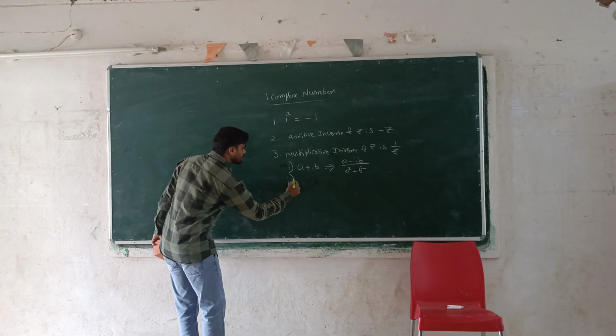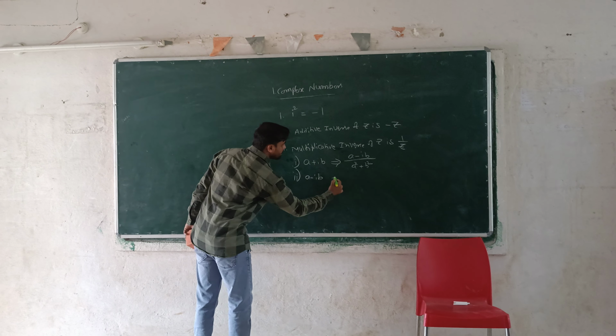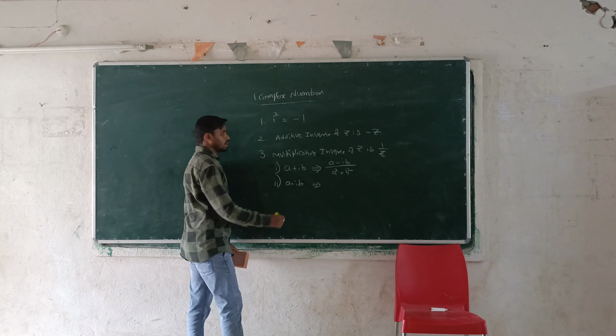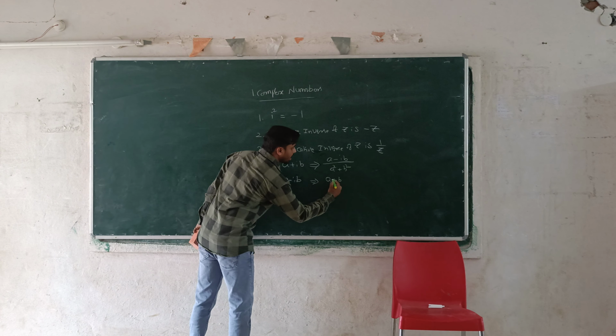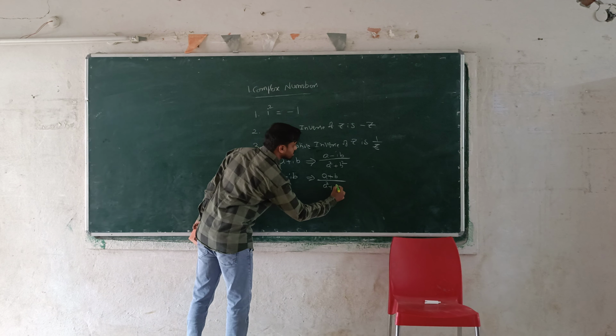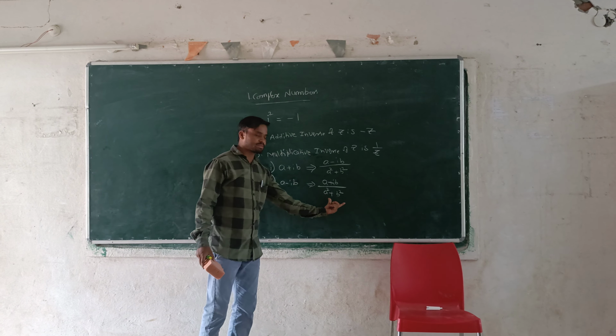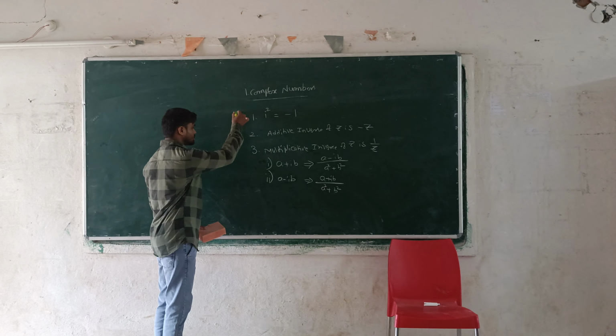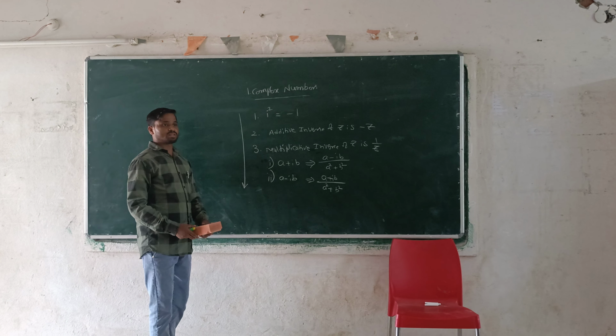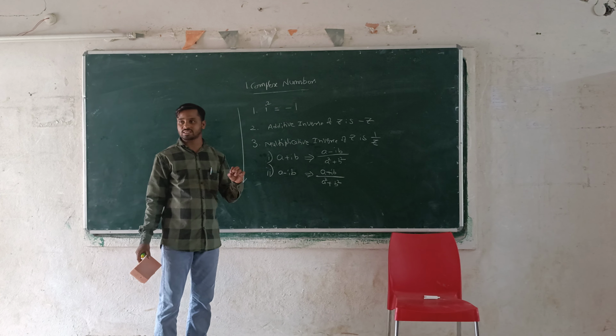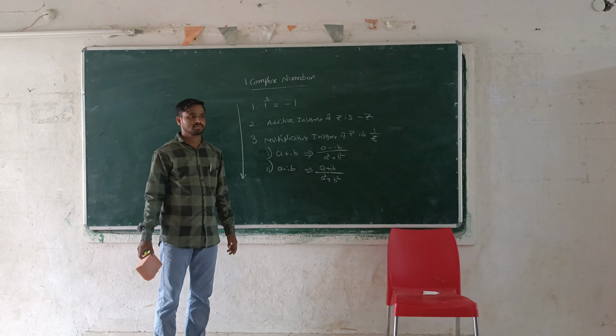And the multiplicative inverse of a minus ib is what? a plus ib by a square plus b square. Basic concept. Try to remember it and then try to solve exercise number 1A.